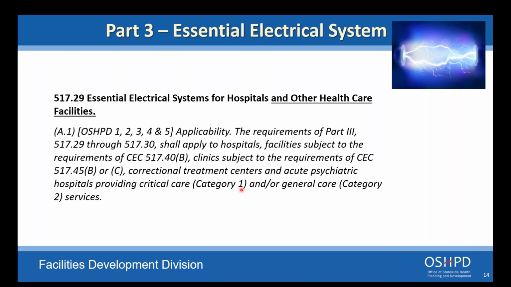And the OSHPD amendment here reads that 517.29 through 517.30 applies to hospitals, facilities subject to the requirements of 517.40b, which is subacute, clinics subject to the requirements of 517.45b and c, which are again a life safety subacute area or a surgical center, and acute psych hospitals providing critical care and or general care services.